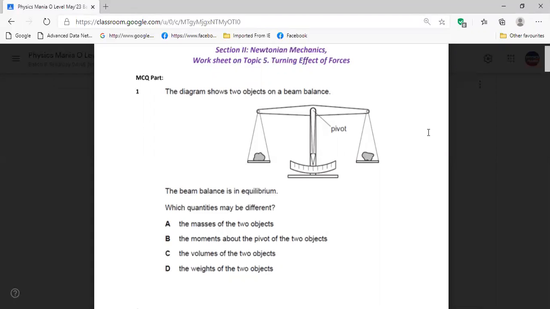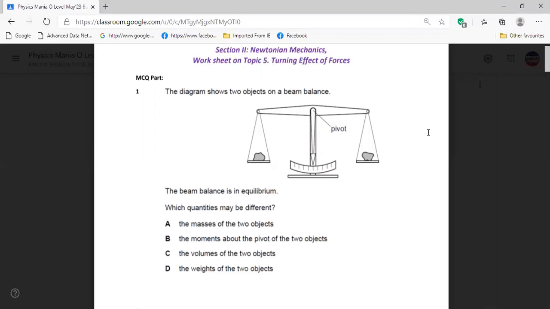So if the distances are equal, of course your moments are equal. That's why it is balanced. It is equilibrium. So the forces should also be equal. If forces are equal, that means the weights of the objects are equal.